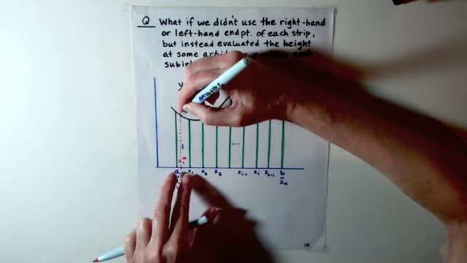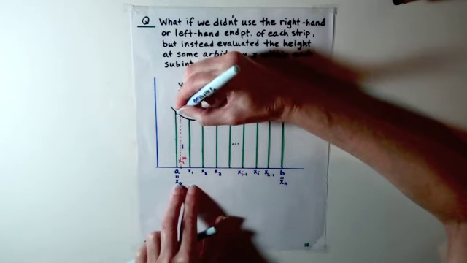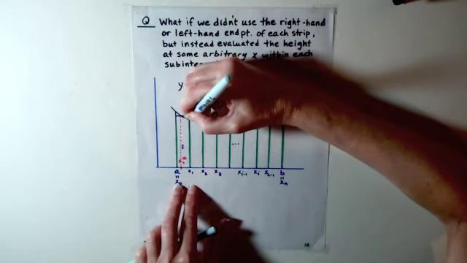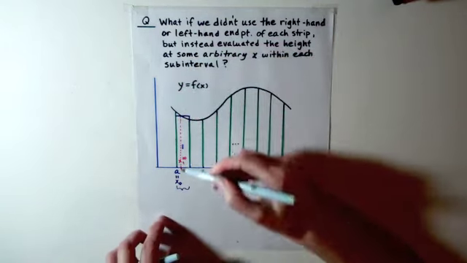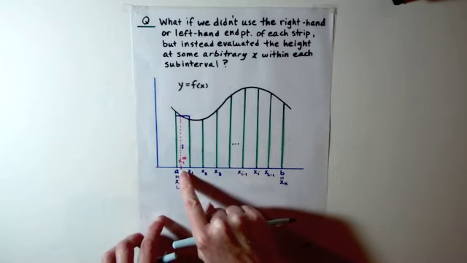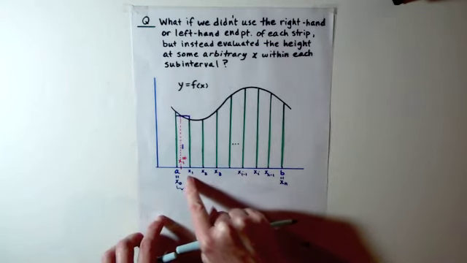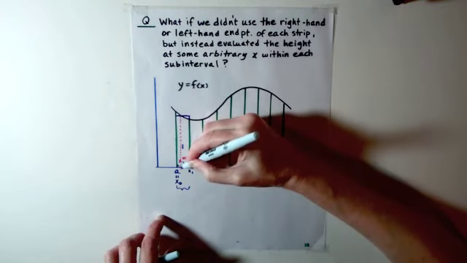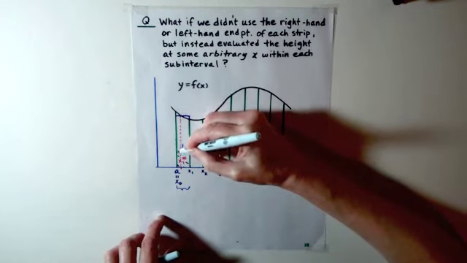So it has this width. It goes from x0 to x1, but it has a height that corresponds to the height under the curve at this intermediate value, this arbitrary value that I choose somewhere between x0 and x1. So my rectangle now would actually look like this.